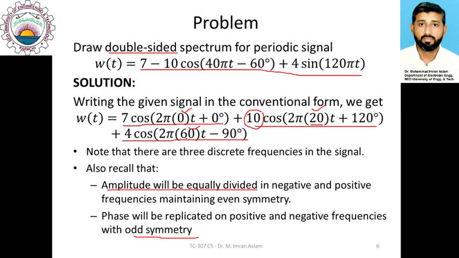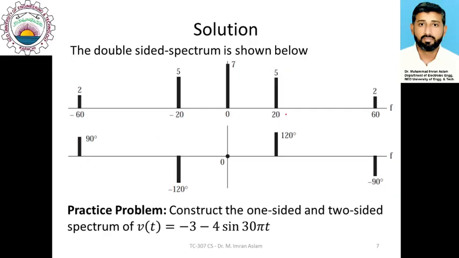The third term is the 60 Hertz term, with an amplitude of 4. Again, when we plot the double-sided spectrum, this amplitude of 4 would be divided into two parts. So the positive 60 Hertz frequency has an amplitude of 2 units, whereas the negative 60 Hertz frequency has an amplitude of 2 units.